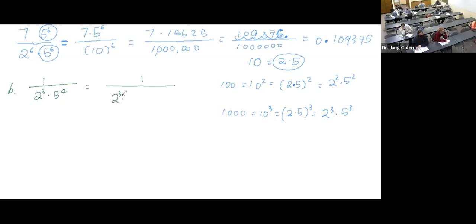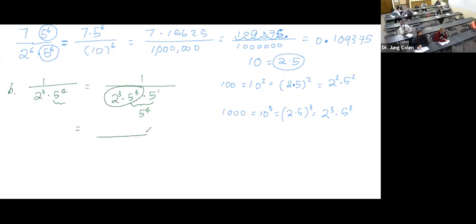And I know I need a 5 cubed here to make 10 cubed, right? But since I have 5 to the 4th power, I just need to multiply this by 5 to the 1 power. Then these together, 5 cubed times 5 to the 1st power will be 5 to the 4th power. It's exactly the same. You see that? Yeah, so these will be 10 to the cube.